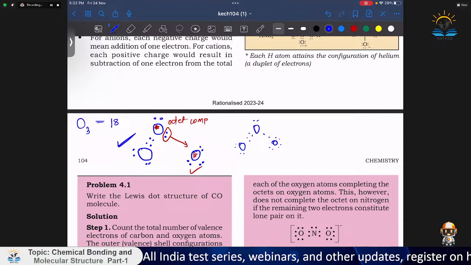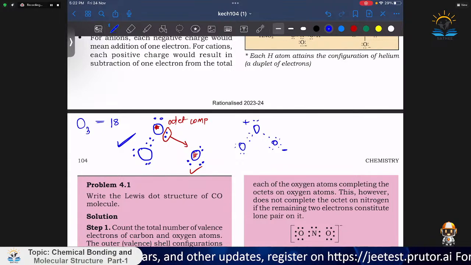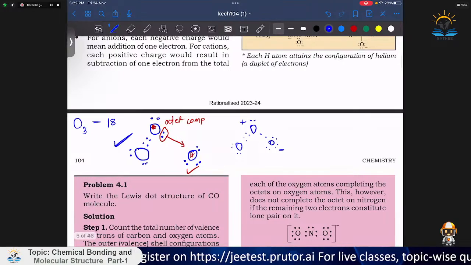Because the star oxygen is donating electrons, it will have a positive charge. And because the hash oxygen is accepting this pair of electrons, it will have a negative charge.